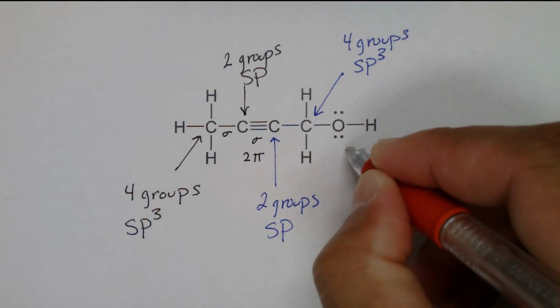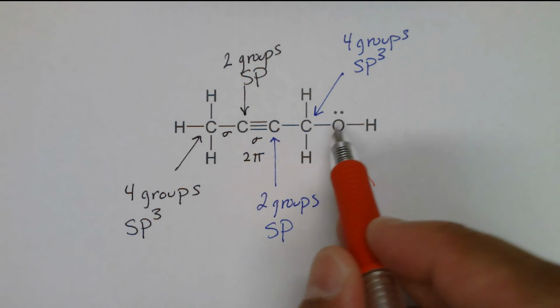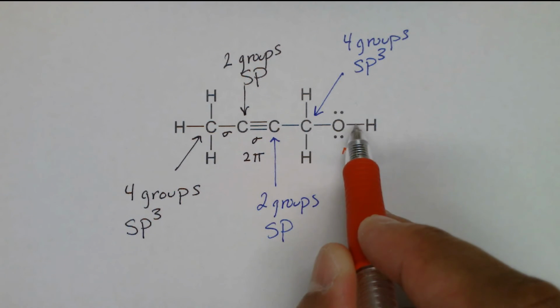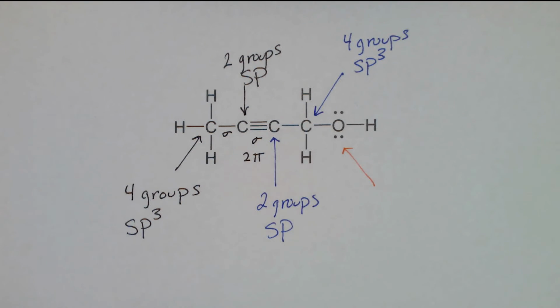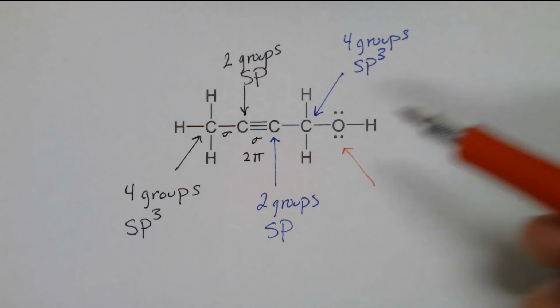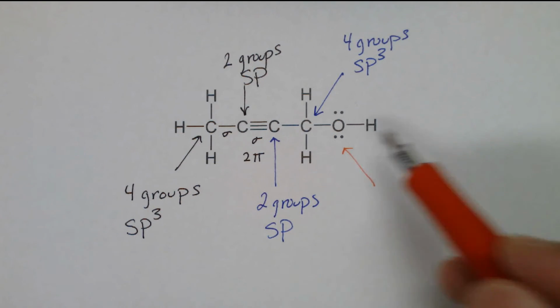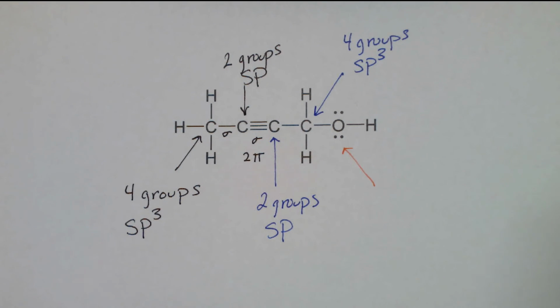And finally, here at the end, let's look at this oxygen atom. This oxygen has 2 sigma bonds, or we can call this 2 atoms around it. That's 2 groups. Notice, a little bit different than the other carbons, this oxygen atom has 2 lone pairs. So lone pairs count as groups too. Those lone pairs will occupy a hybrid orbital.